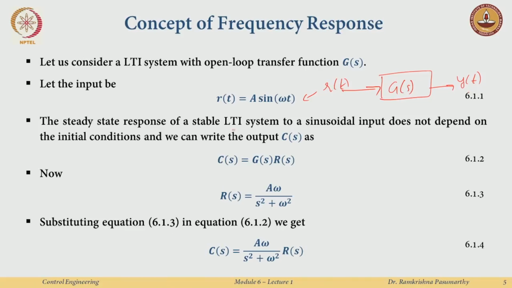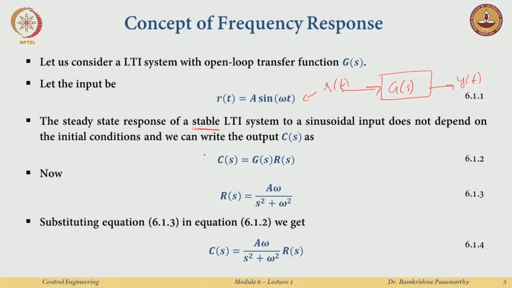The steady state response of a stable, and this is important, if the system is unstable, then I do not really need to do any kind of analysis. The steady state response of a stable LTI system to a sinusoid does not depend on initial conditions, and therefore, we can just assume that all the initial conditions are 0, and we will also see why this is true.